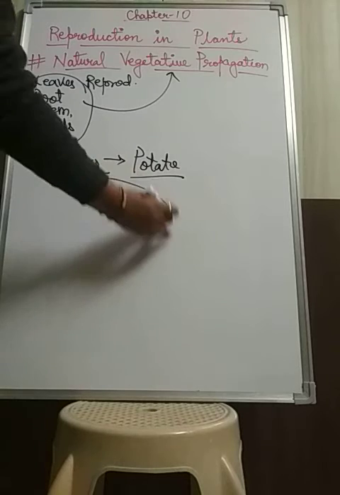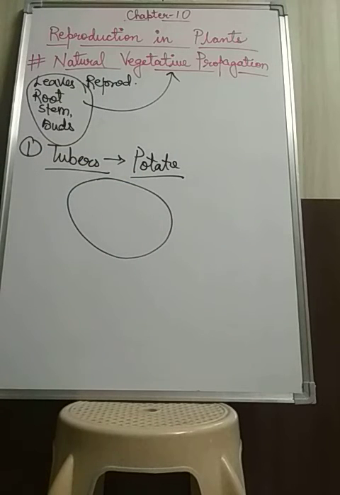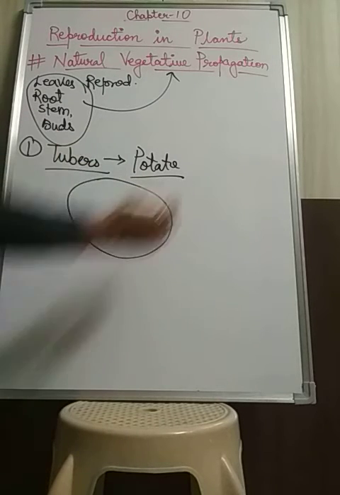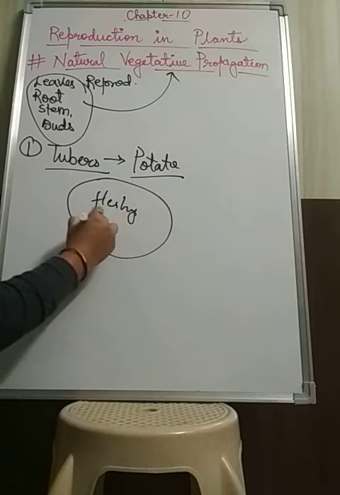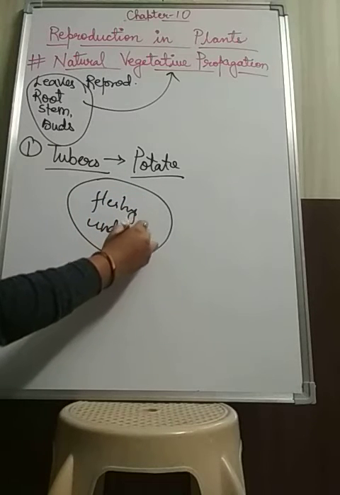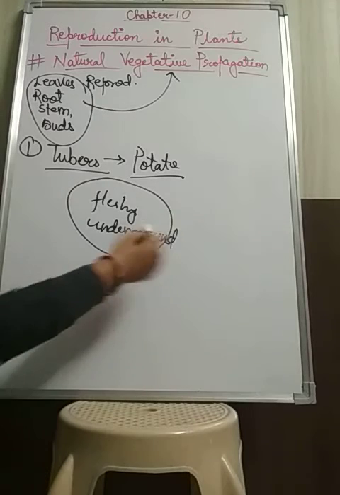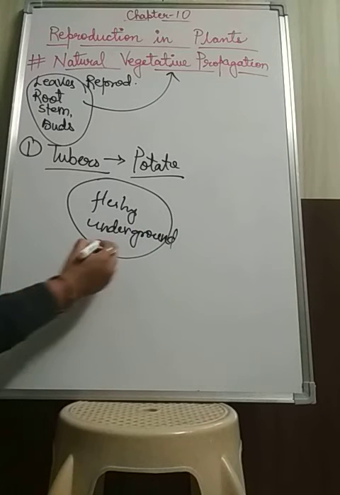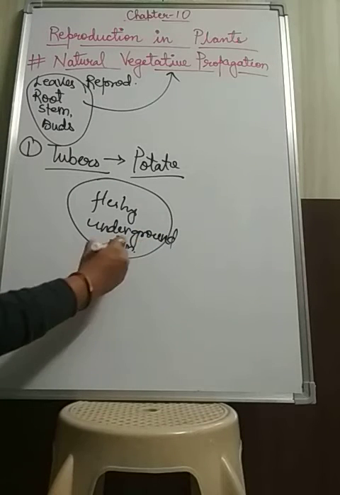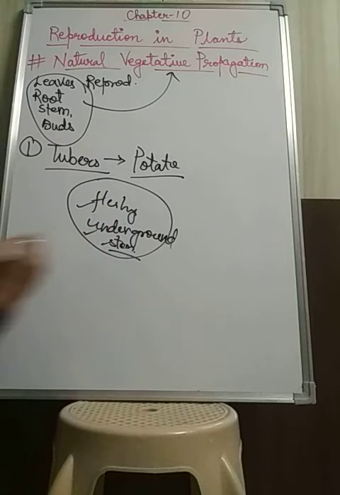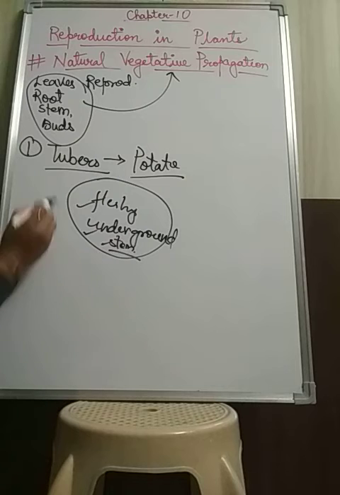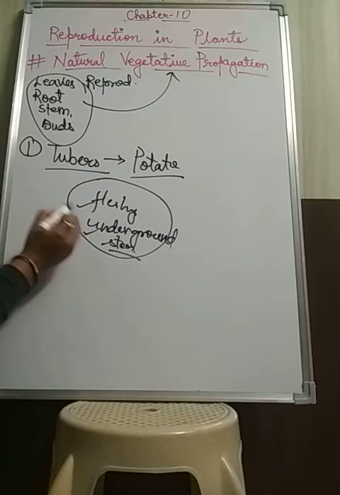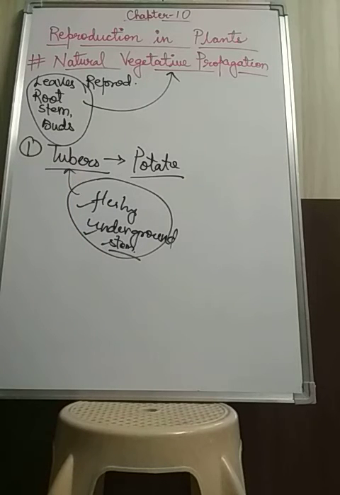Potatoes are basically a fleshy, enlarged underground stem. It grows under the ground, and it is basically a stem. In this food is stored, so this fleshy underground stem which stores food is known as a tuber.